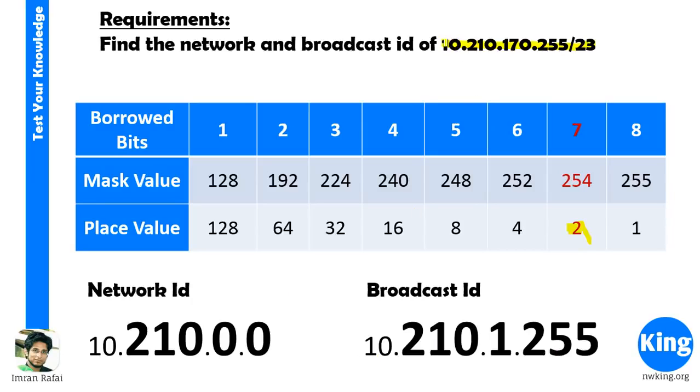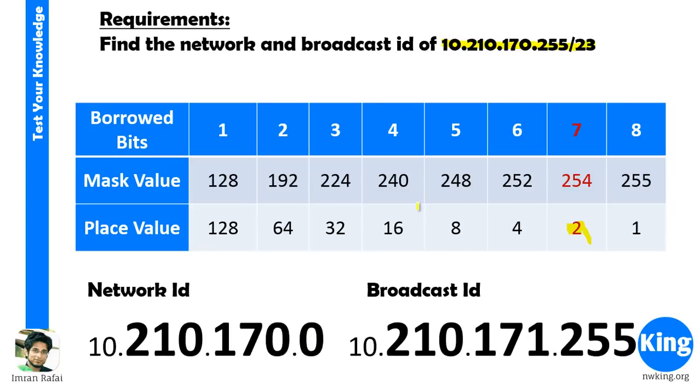Now if you look at the question, we are interested in this 10.210 network. So again we'll follow the same thing, 10.210.0.0 plus 2 you're adding, then you keep adding 10.4.0, 10.6.0, 10.8.0. It goes on and on until we reach 10.210.170.0 because that's what we are interested in.